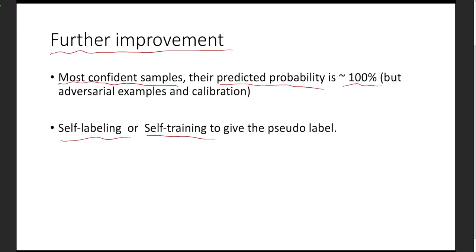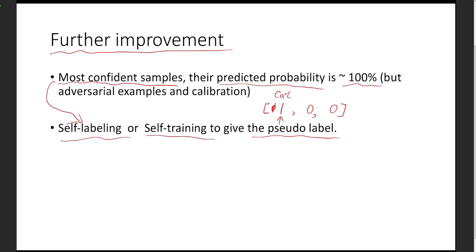In this case, because they are very confident, we can give them a pseudo label. If the cat is 1, the dog is 0, the shark is 0, then the pseudo label will assign this cat.